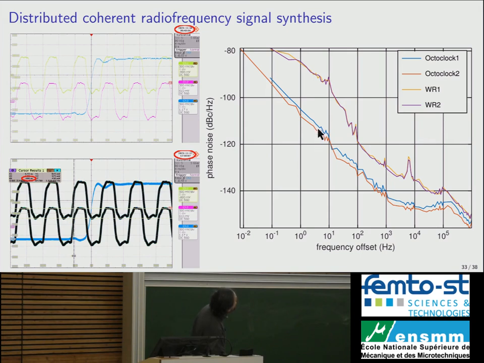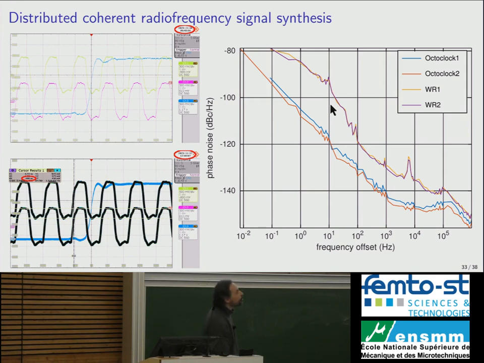Nevertheless, what you do see on looking at the phase noise is that, with White Rabbit, each experiment was duplicated. This is why there's two curves. This is a local distribution, so you take the 1 PPS, split it, you take the 10 megahertz, split it locally, you get this kind of phase noise, and if you distribute over White Rabbit, you see that you have something like a 10 dB degradation of your phase noise.